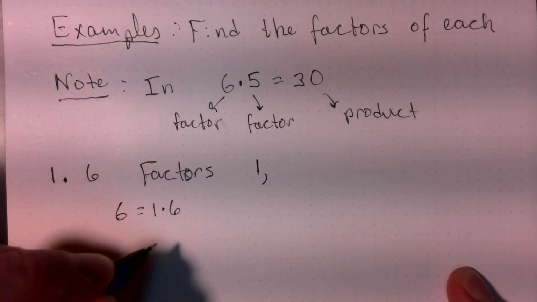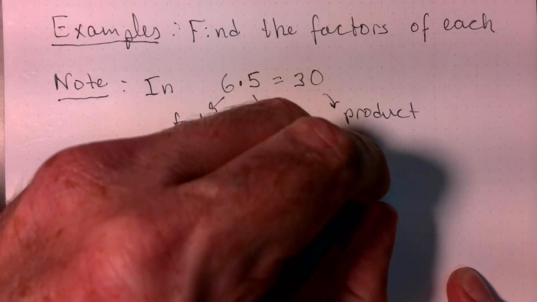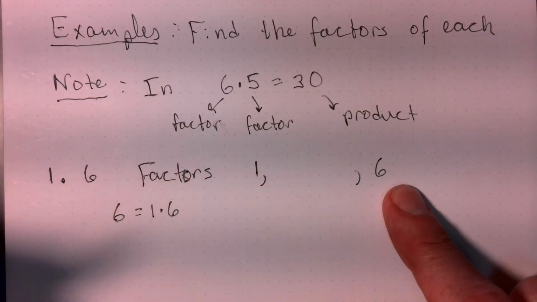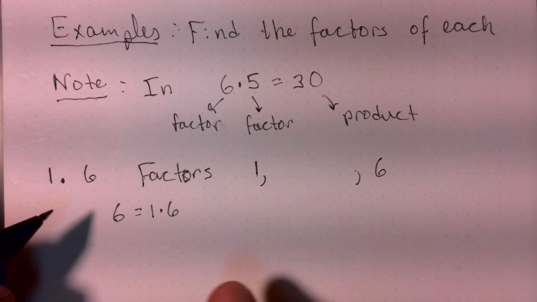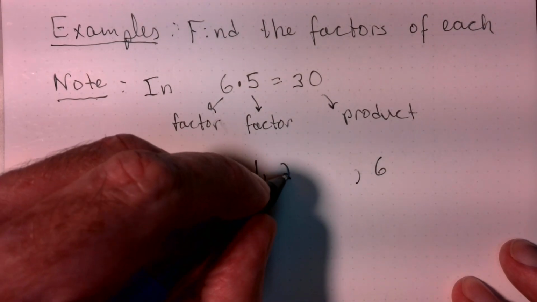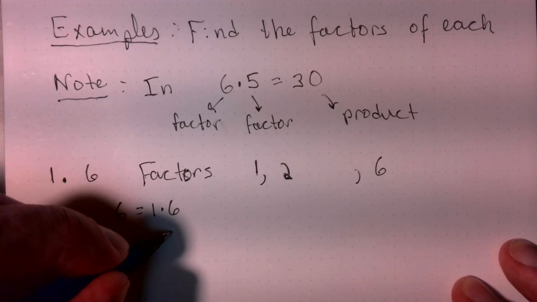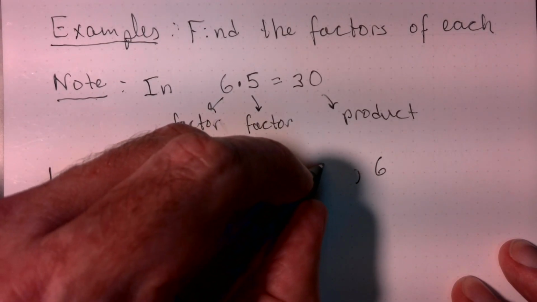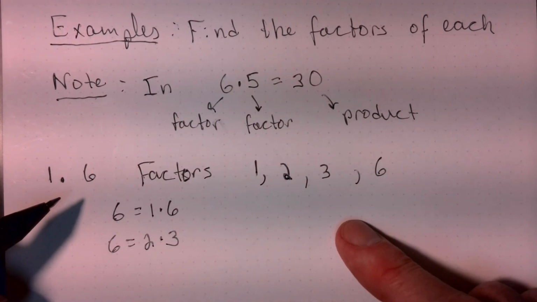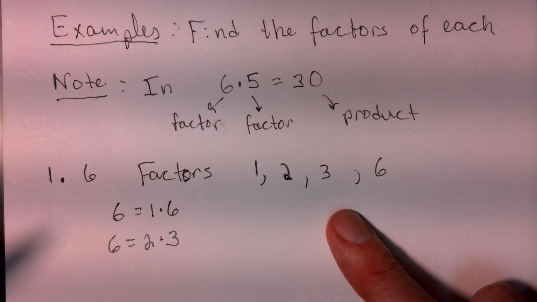Okay, that's a property of 1. So what I usually do, I give myself a little space. We found a factor. 1 is a factor, 6 is also a factor. 6 is an even number. That means 2 is a factor. And the companion factor with 2 is 3. Now 6 is a pretty small number, so these are all my factors: 1, 2, 3, and 6.